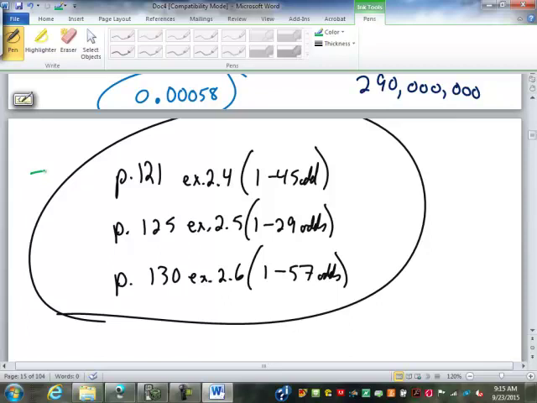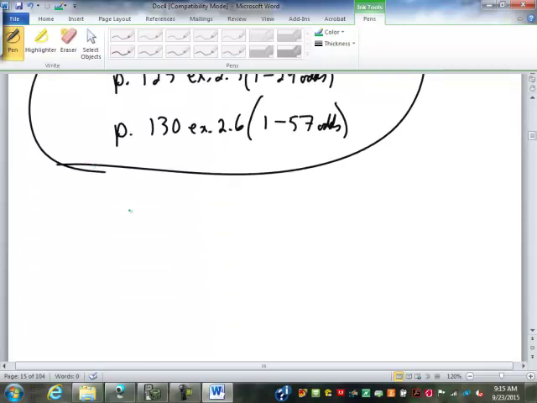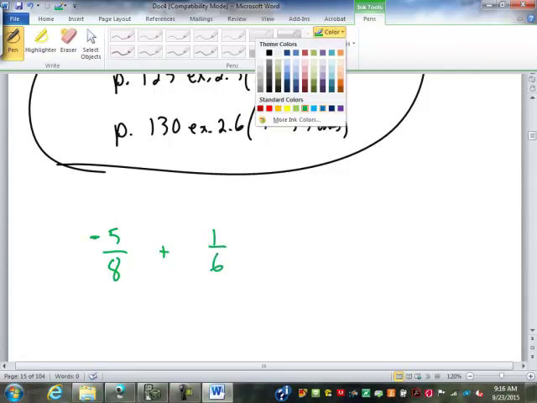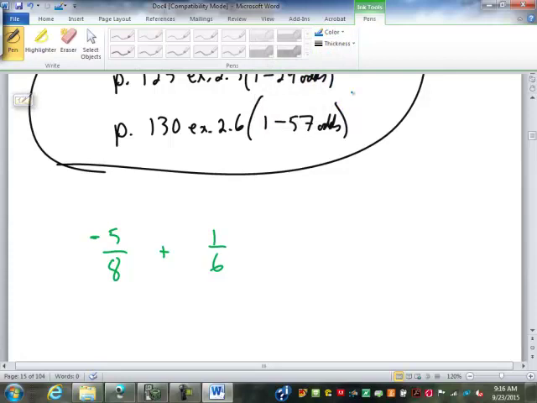This first page here is dealing with the fractions. Now, have I showed you guys how to use the fraction function on your calculator? The ABC key? Most of you have an ABC key on your calculator, or an ND key, depending on which version of the calculator you have. So if I have negative 5/8 plus 1/6, to punch that in the calculator, the negative, of course, is not the subtraction key.